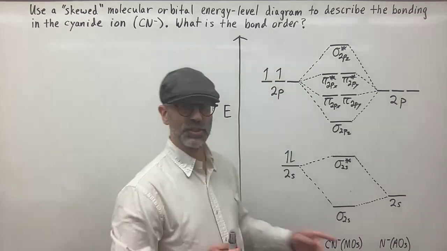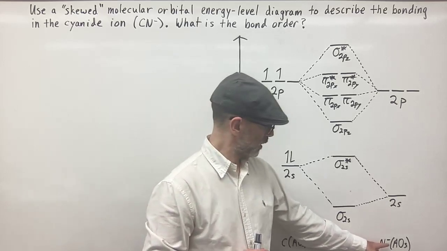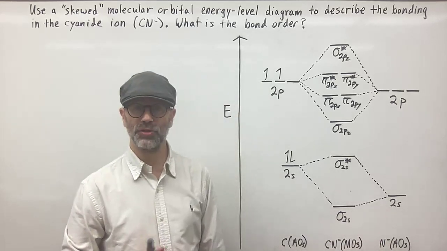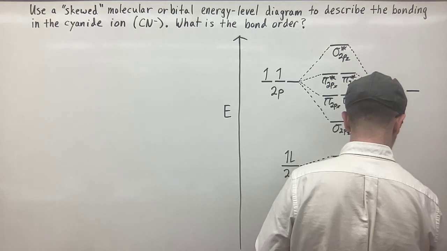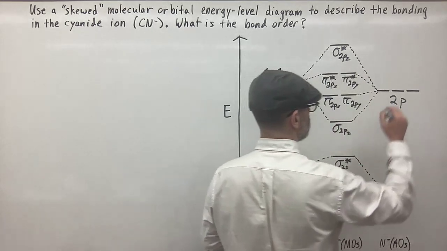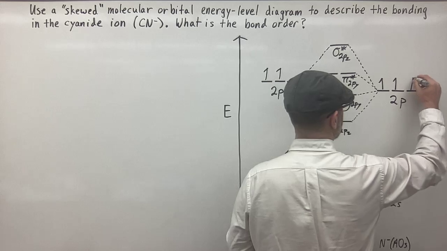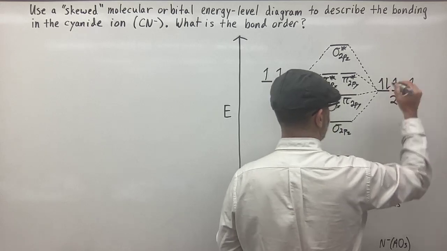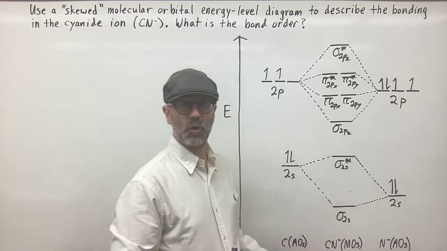And then nitrogen is in group 5, so it's going to have 5 valence electrons, but it's got a negative there, so that's 1 extra electron, so that's 6 electrons. So we'll put 6 electrons on this side, spin up, spin down, and then 1, 2, 3, and then 4. That's a total of 10 electrons.